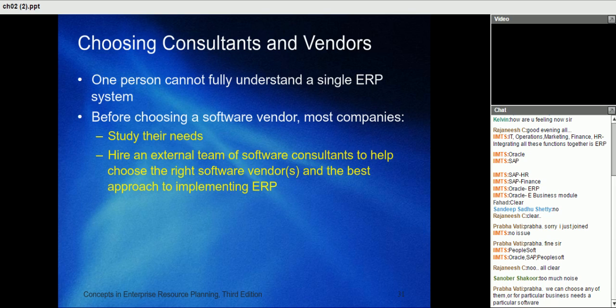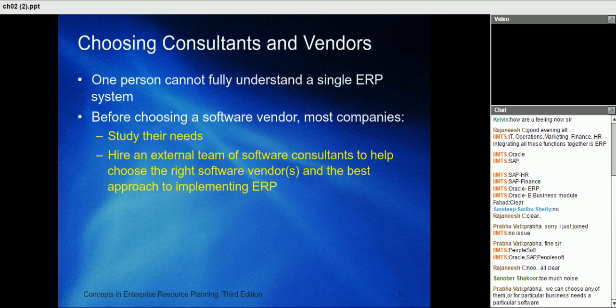Prabha says we can choose any one of them, or for a particular business need a particular software. It totally depends on your company's business, Prabha. Since business is getting too complex, nowadays a company does not rely on one software. It purchases probably two or three software or more.